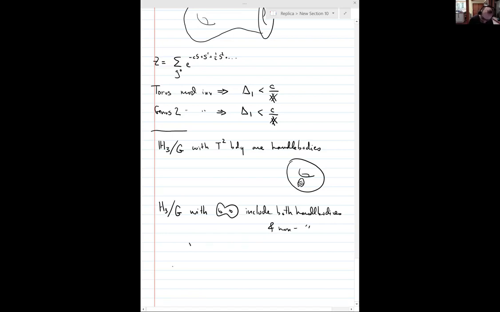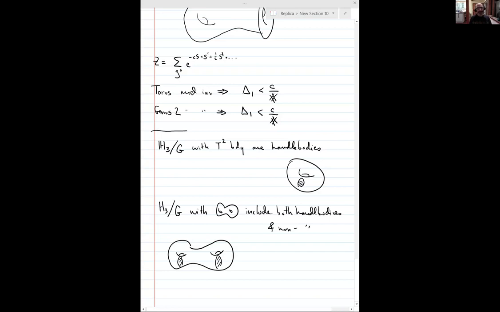So the handle bodies are the things that dominate in pinching limits. They're the things where you just fill in some set of cycles. But there are also more complicated things that can't be interpreted in that way. And these have the interesting property that they only become relevant when you're deep in the interior of moduli space. They're never relevant out near the boundaries of moduli space.